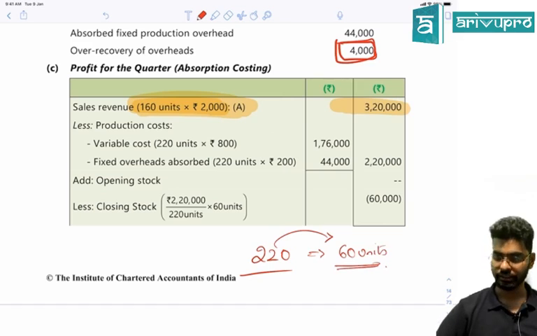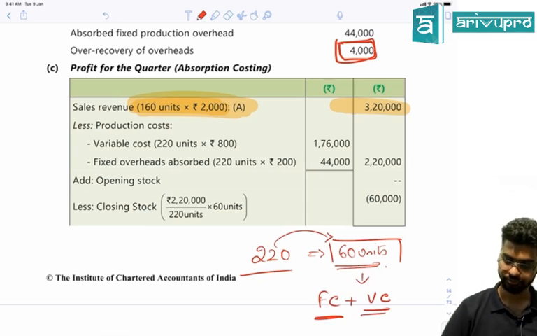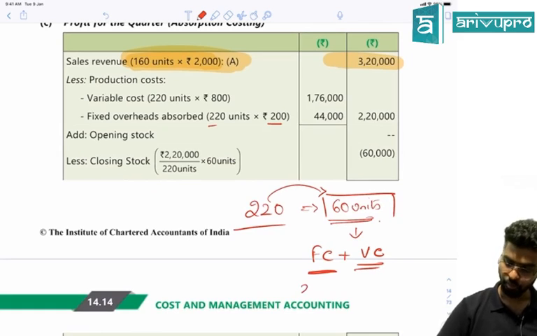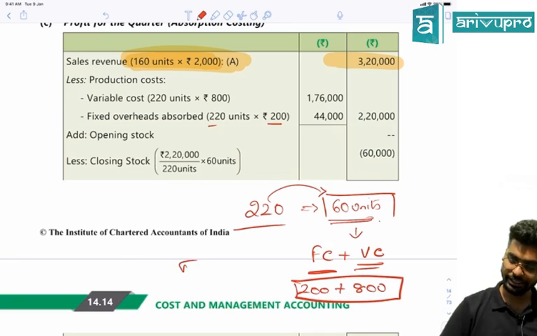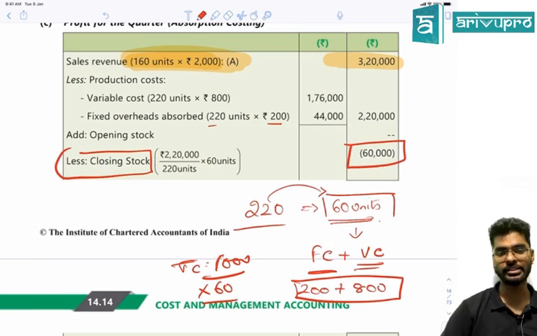This 60 units under absorption costing should have both fixed cost plus variable cost. Yes or no? My fixed cost per unit is 200. My variable cost is 800. Therefore, my total cost is 1000 into 60 is my value of closing stock, which is 60,000.